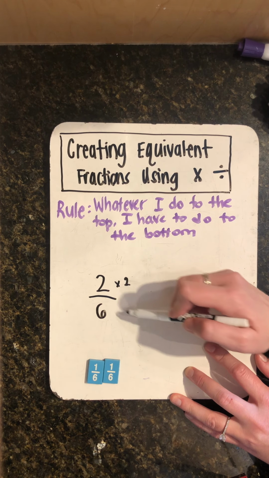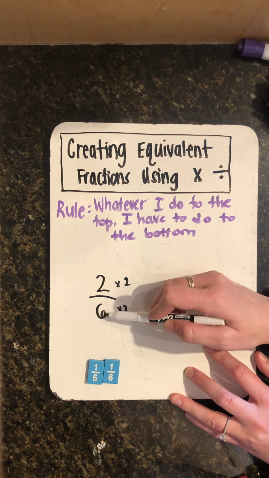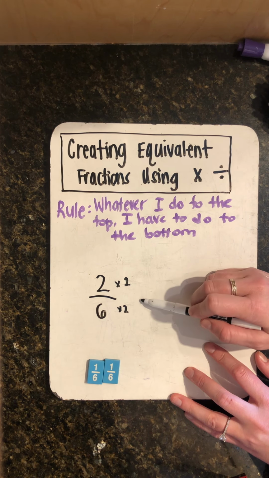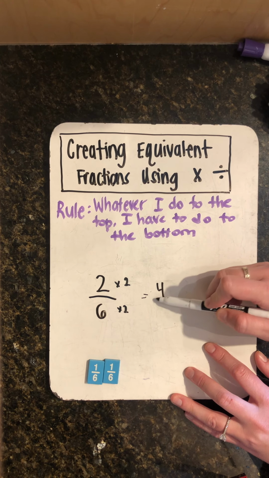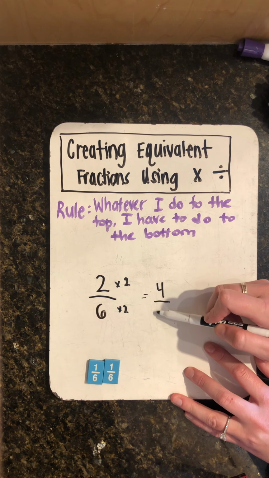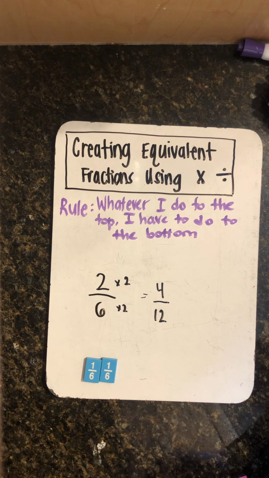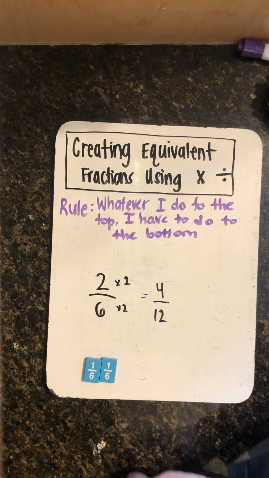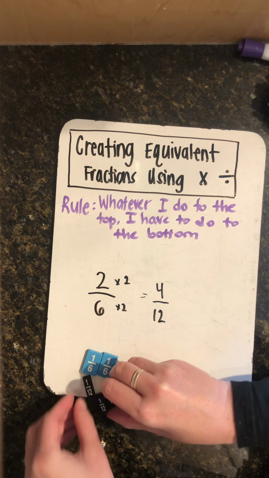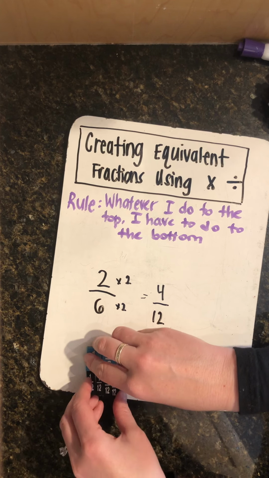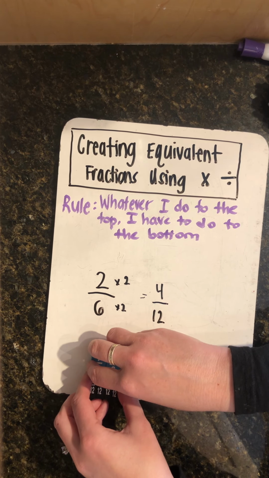If I do it to the top, I have to do that same equation to the bottom. All right, so 2 times 2 equals 4, and 6 times 2 equals 12. 4/12. And since I have twelfths with my fraction tiles, I could even double check and make sure that it works and it is equivalent.